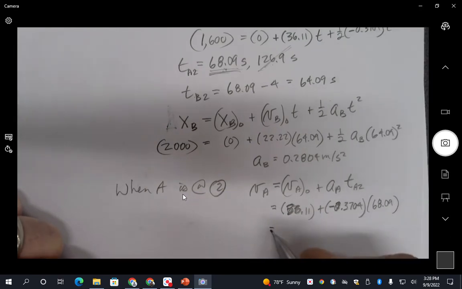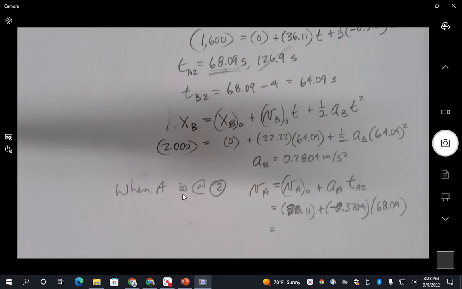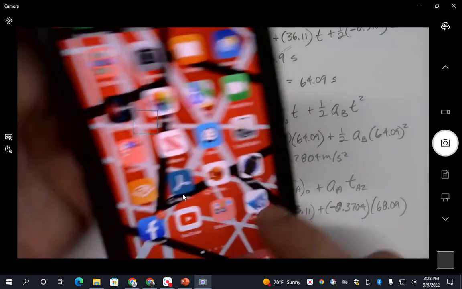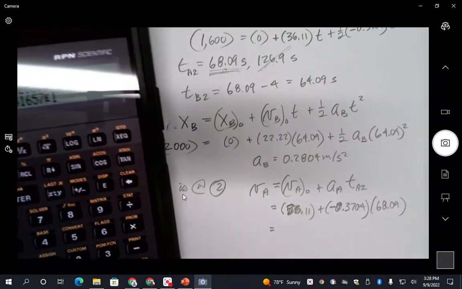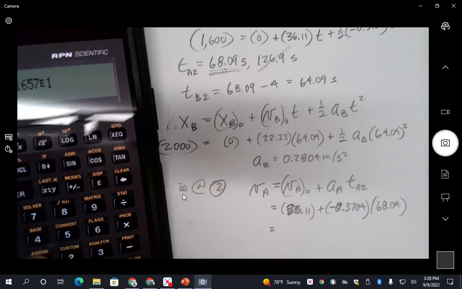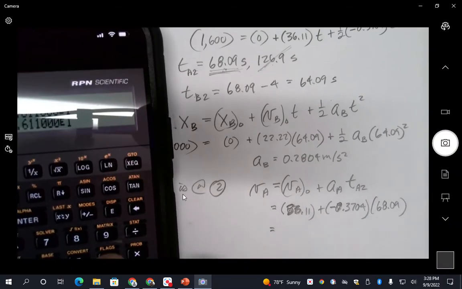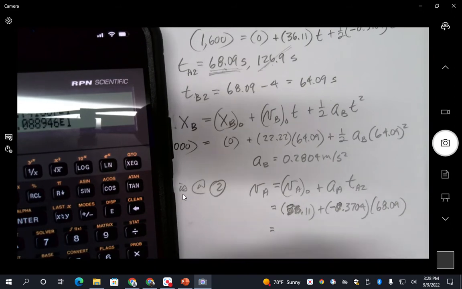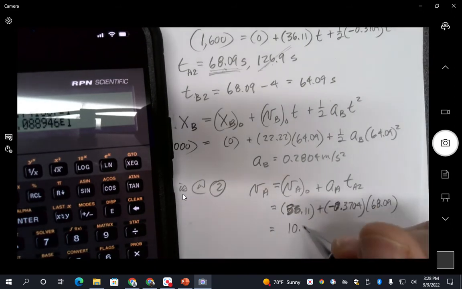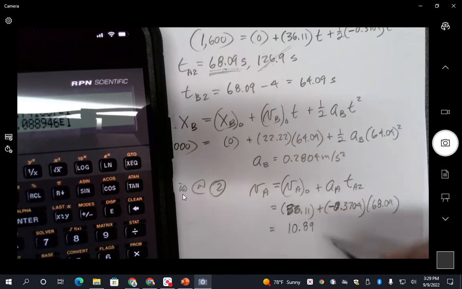For some reason, I think I have the wrong numbers, so let me check my numbers with my portable. See, I got the portable free Hewlett-Packard calculator. 36.11 and 68.09, and take 0.3704 times but minus. Yep, I have it written down wrong. So 10.89 meters per second.